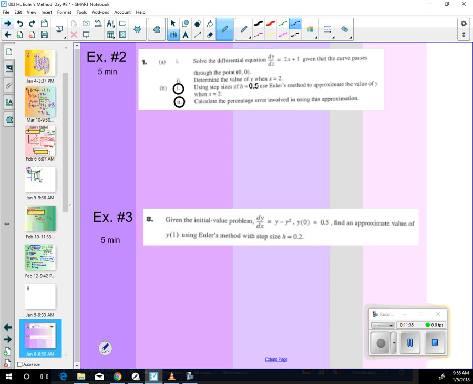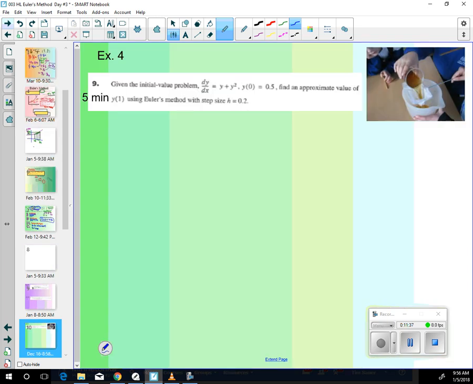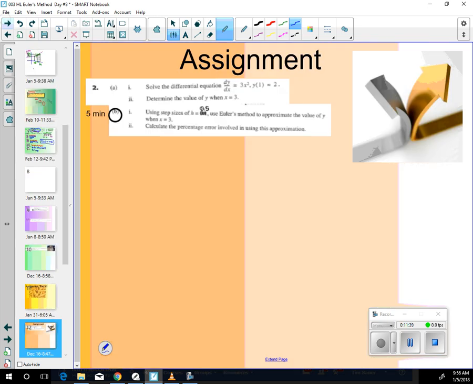So here's what your assignment's going to be. Your assignment is to do these problems using Euler's method. And I usually try to make them reasonable so they're not like 10 or 20. I think this one has quite a few, though.